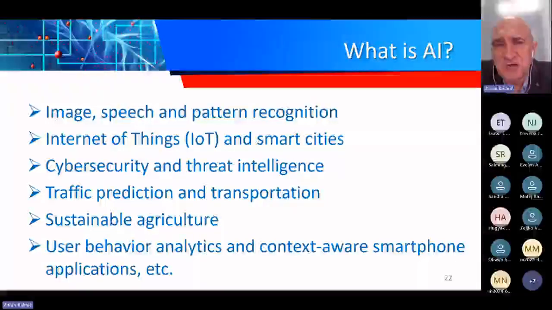Also, some applications are related to the Internet of Things. Nowadays you have a lot of sensors that could be connected to the internet, and AI systems can collect data from these sensors and make decisions much better than a human would do. Cybersecurity is one of the key problems, and again, AI tools are now successfully implemented in protecting us and our information systems, even our emails, from hacking.